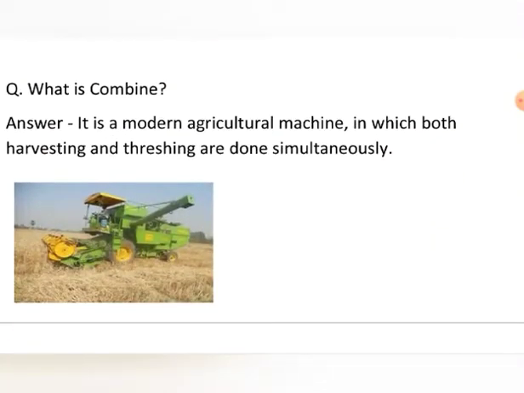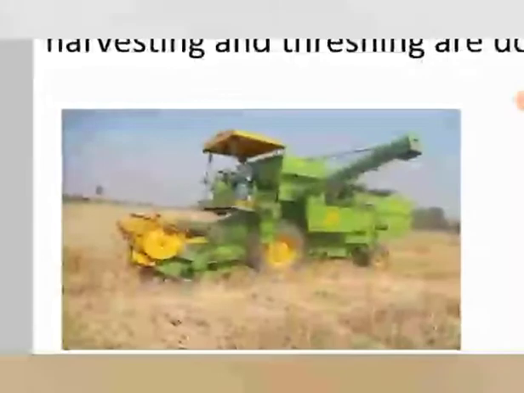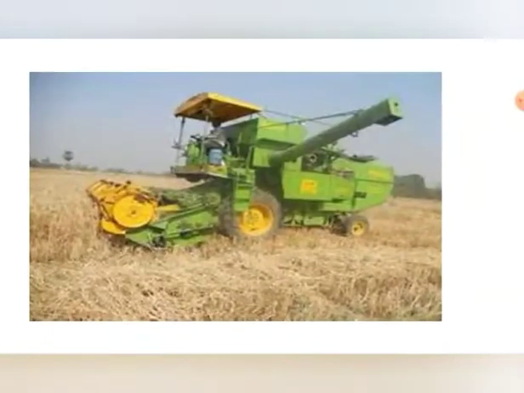Now it is combine. What is combine? You must have seen it. Take a look at this picture. It is a machine we mostly see on the roads. This machine is a combination of the harvester and the thresher. It performs two works.